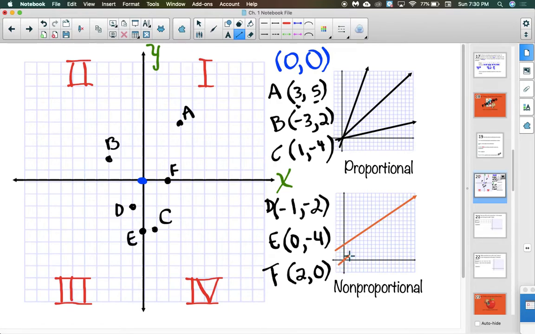Here's another example of a non-proportional graph. It does pass through the origin, but it is not linear, so it's non-proportional. Okay, so you can draw your own couple examples there, but basically a non-proportional graph doesn't meet the criteria required to be a proportional graph, which is linear and passing through the origin.